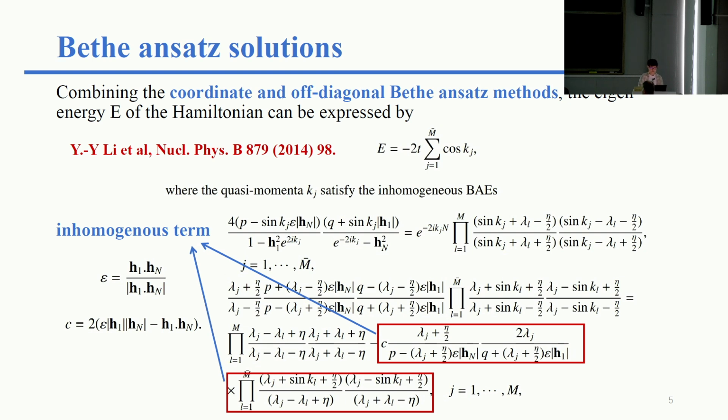Here, the eigenvalue can be expressed by the k_j. Here, k_j should satisfy the BAE, by which we mean the inhomogeneous Bethe equations. The inhomogeneous terms will become zero under some special boundary conditions. For example, if the boundary is diagonal, or you can say the parallel boundary condition, then they will disappear.